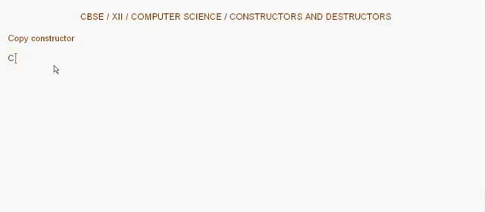So we have seen that supposing we have a class here called student, and inside this we have int roll number and int marks, right? Now in the public section we make a normal constructor like this, right?